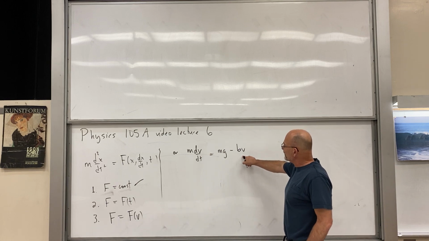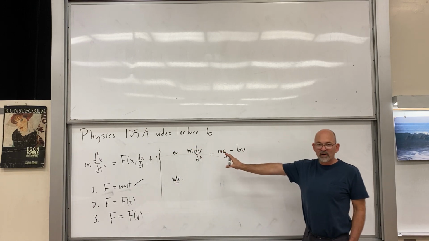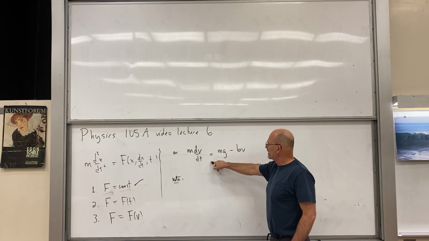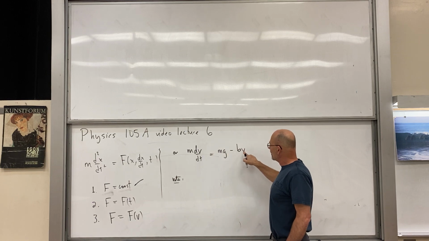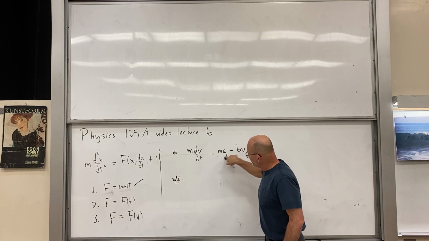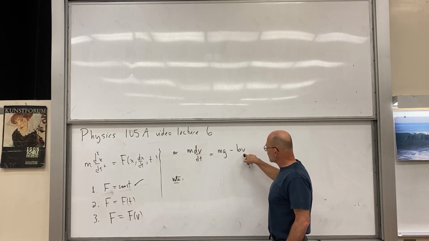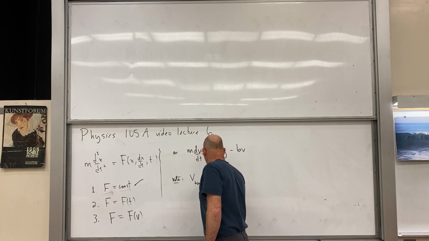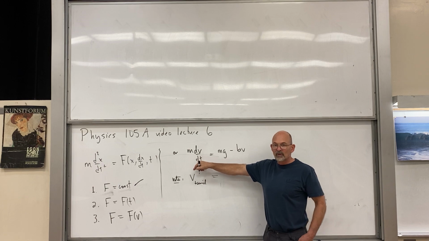And there were a couple of things here, and this is what I ended with, and I didn't have it on the board at the time, but in the limiting case of this type of motion, when the right side turns into a zero, the left side turns into zero. That is to say, when you reach a terminal speed, then the acceleration is zero, okay?